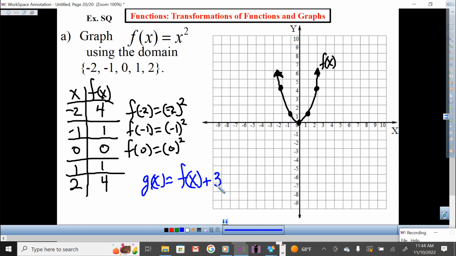Graph me the new transformed function and label it. All right. Show your neighbor your new transformed function. See what they got.